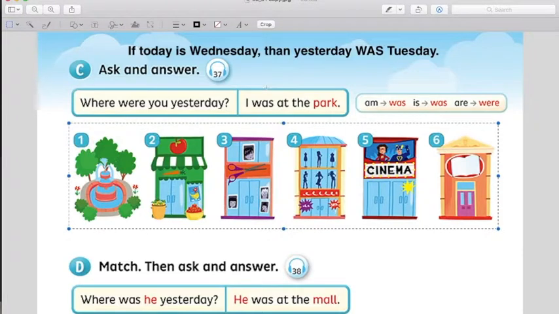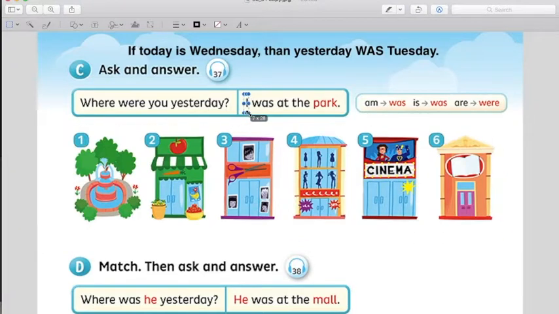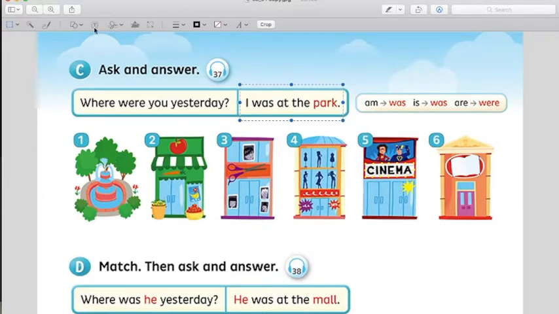So number one, I was at the park. Whenever we use I, we use was. So this here is past tense. You can also say present tense. So this is the present tense sentence. If this was today, you say I am at the park.